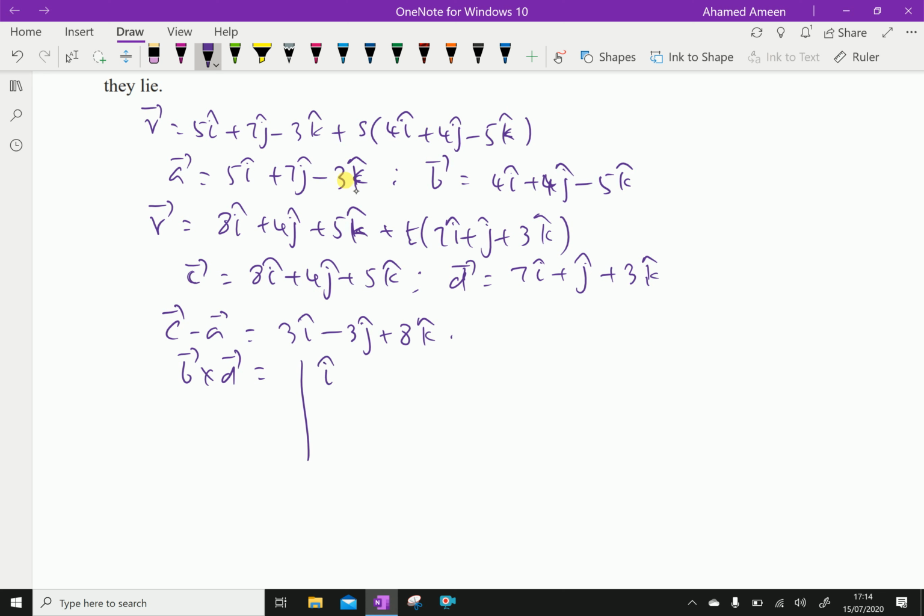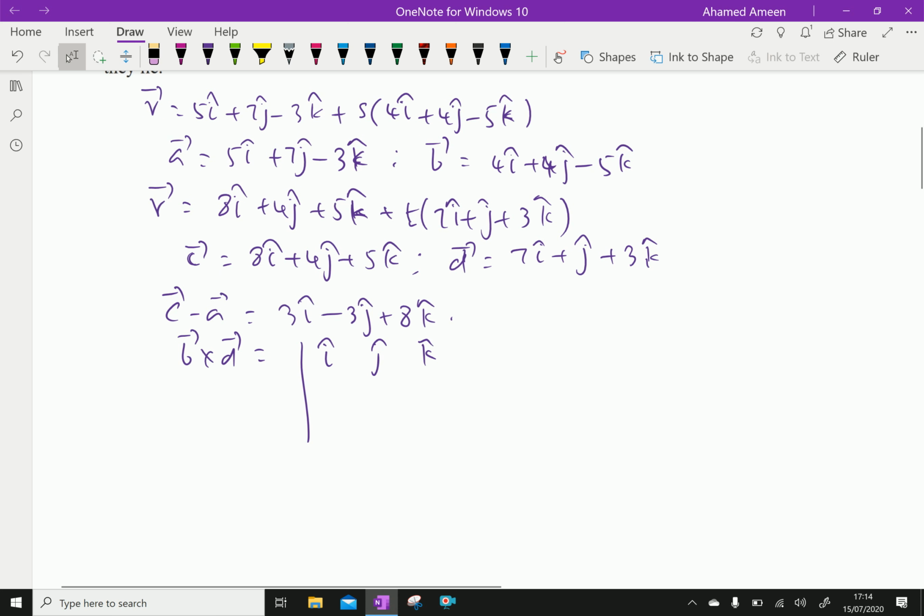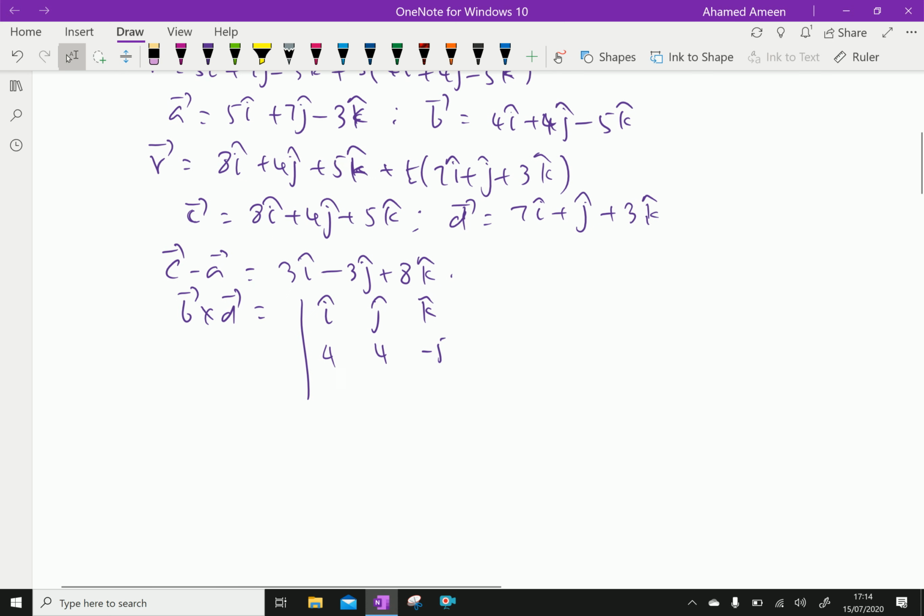B cross D is the determinant with i j k, B is 4, 4, minus 5, and D is 7, 1, 3.